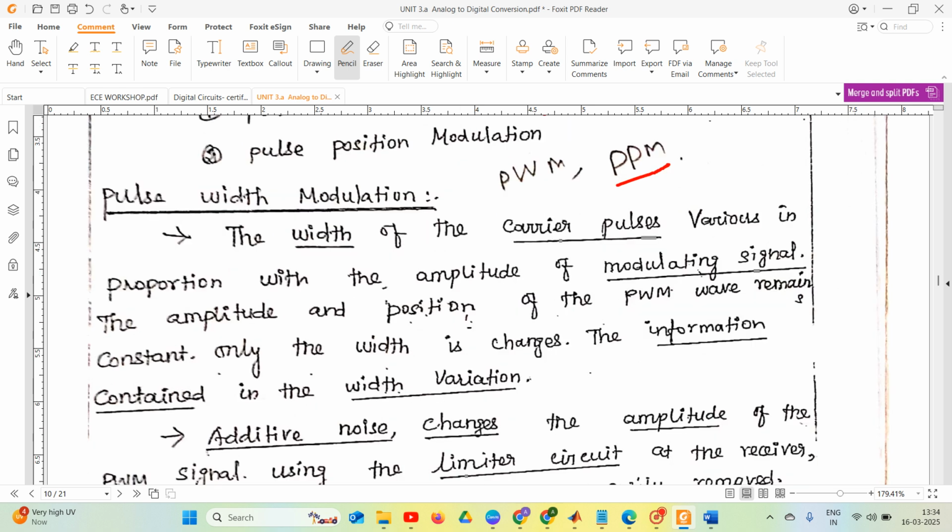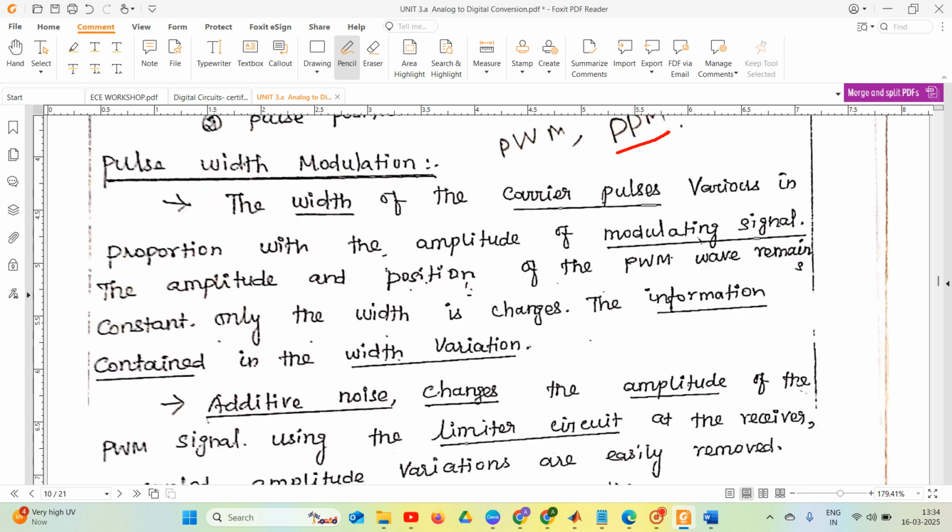So in pulse width modulation, the pulse width of the carrier signal varies in accordance with the modulating signal. In the pulse width we have the user information in the form of width variation.